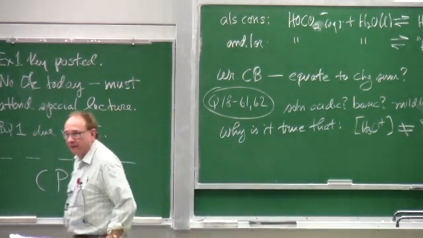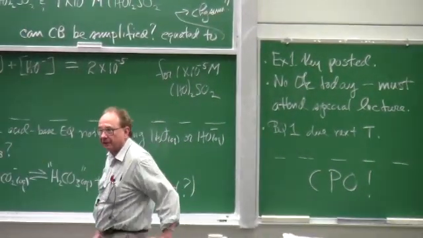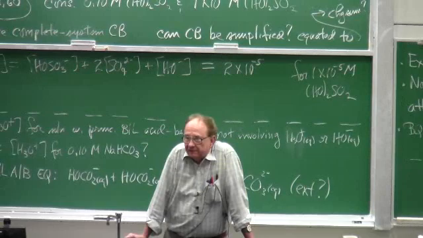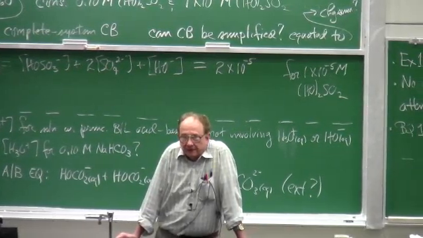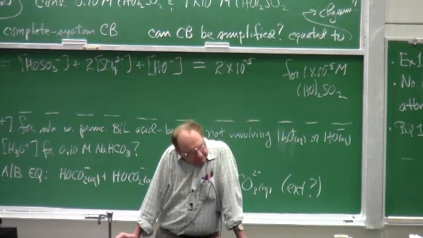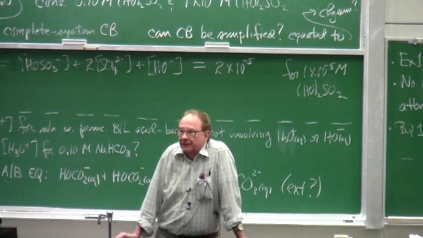What's Ka for quote-unquote hydrated CO2, H2CO3? 4.2 times 10 to the minus 7. See, I just looked it up. Right. A lot of difference between those values. 4.8 times 10 to the minus 11 versus 4.2 times 10 to the minus 7.